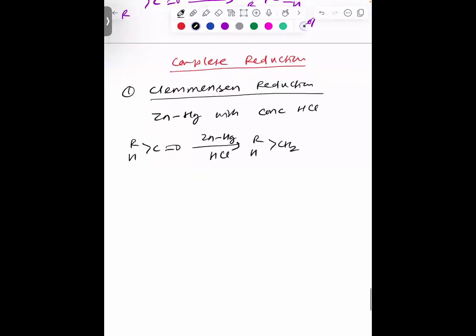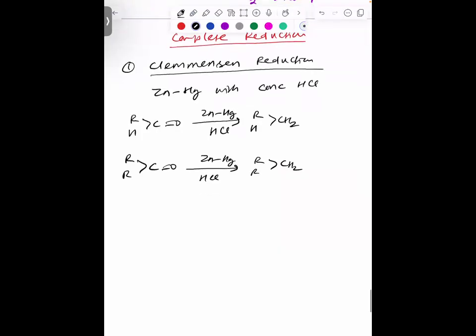Ketone is the same. This is Clemmensen reduction.